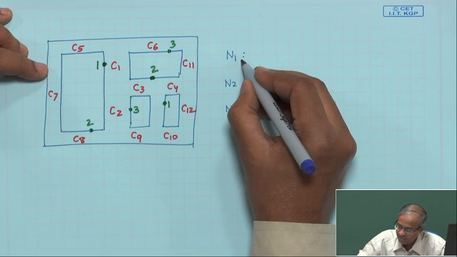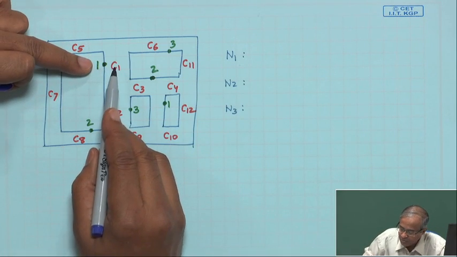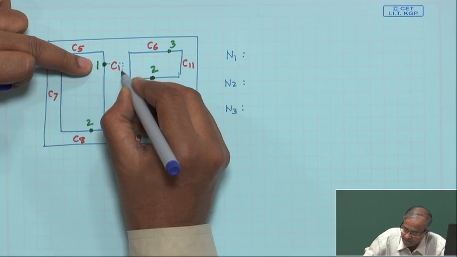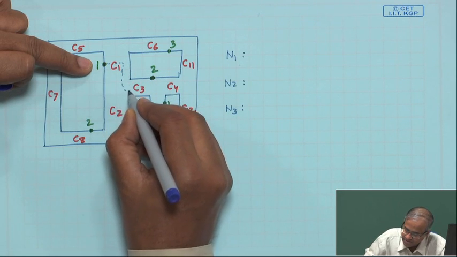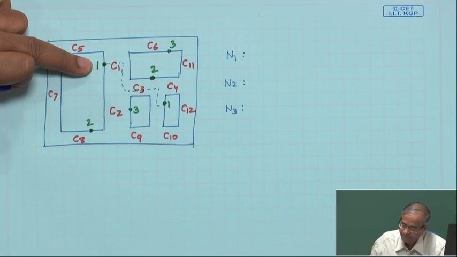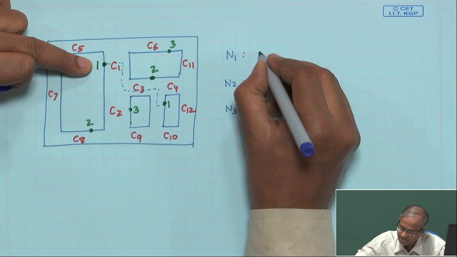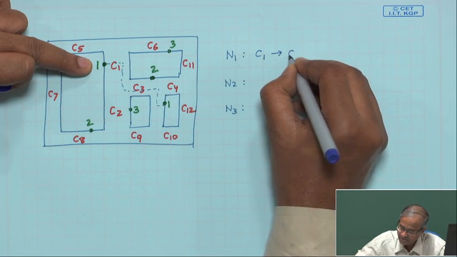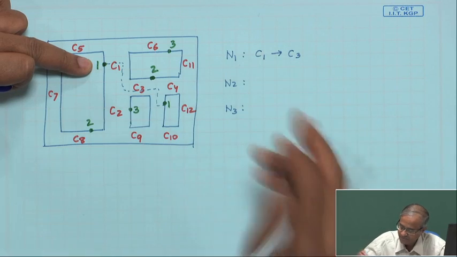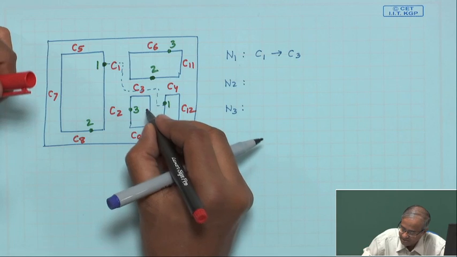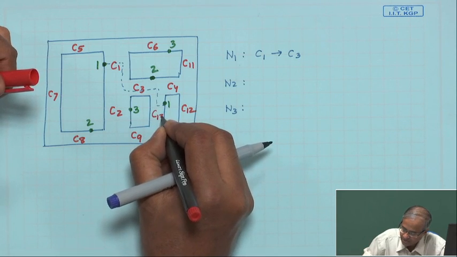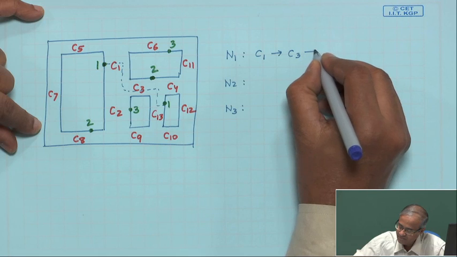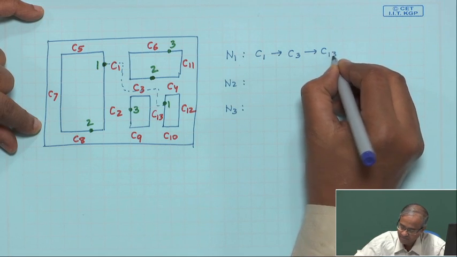For net 1, you identify a path, let us say the path I follow will be this, which means I will be following the channels C1, C3, and there is another channel I missed, let us call it C13.